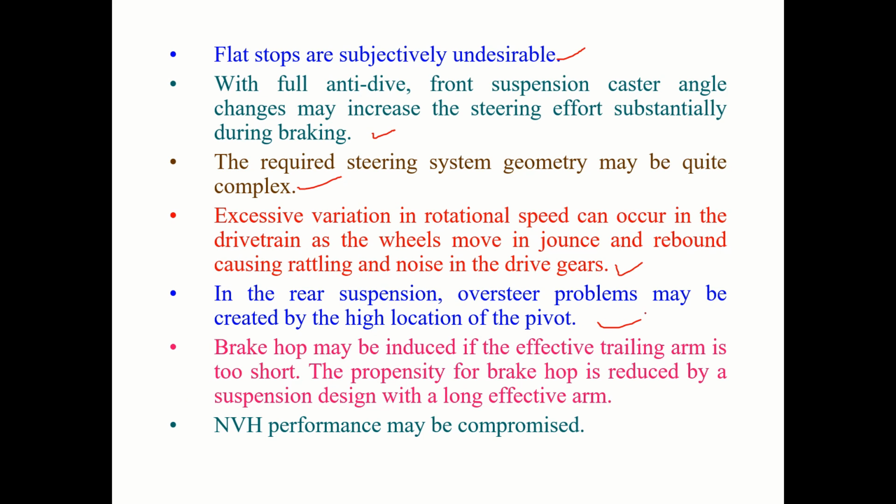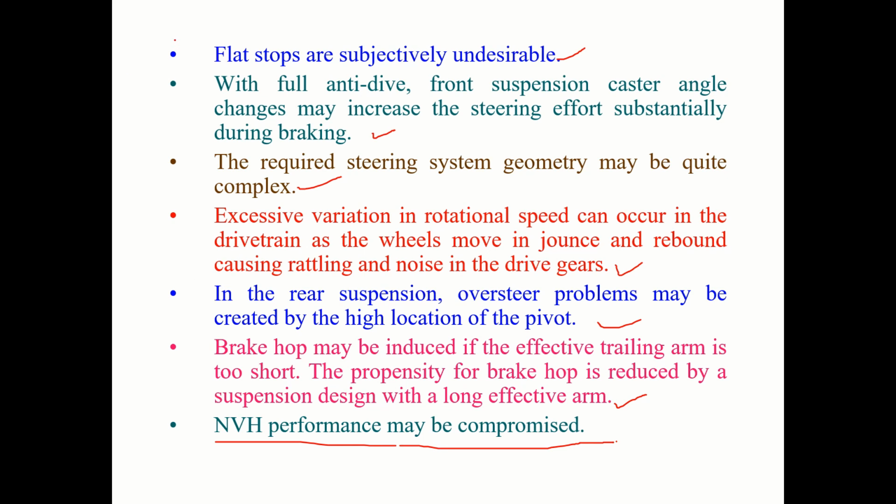I'll explain this in subsequent chapters. Brake hop may be induced if the effective trailing arm is too short. The propensity for brake hop is reduced by suspension design with a long effective arm. So it starts lifting up. So NVH performance may be compromised.